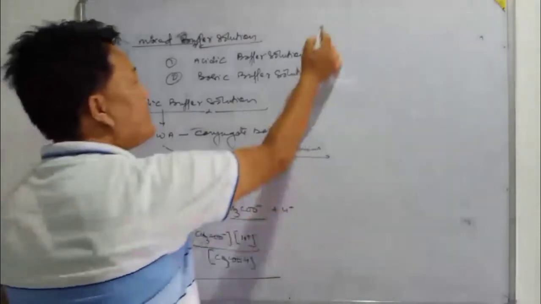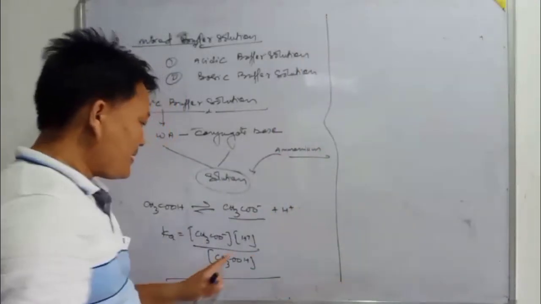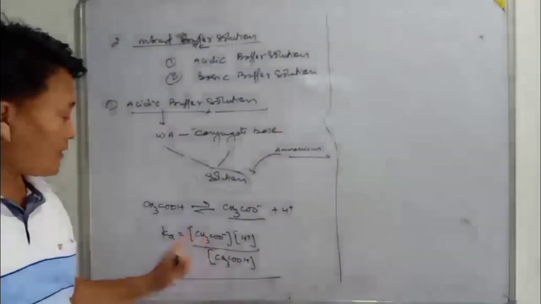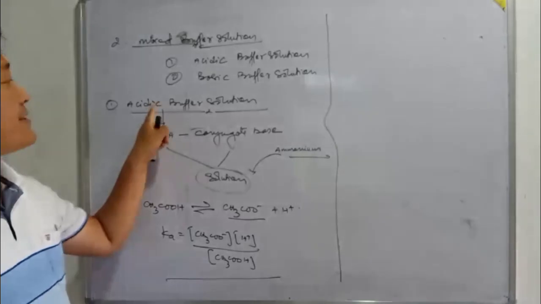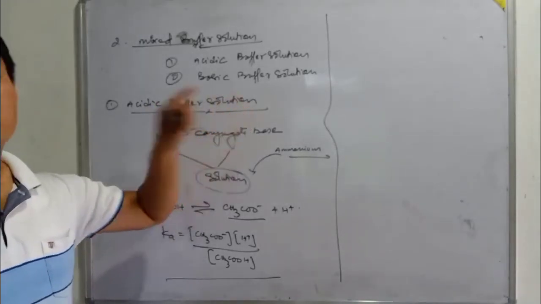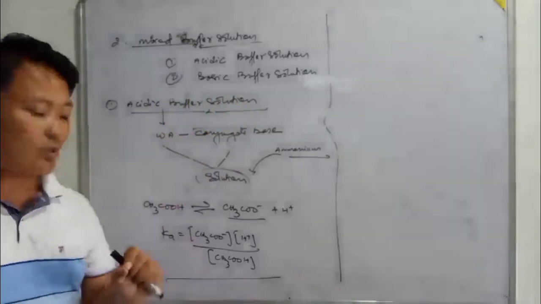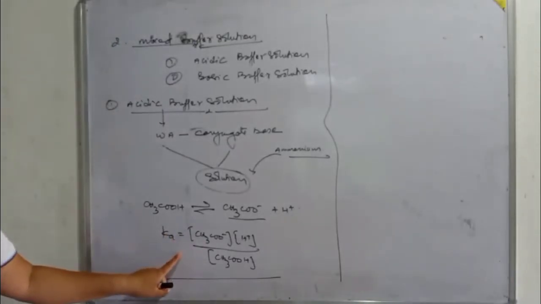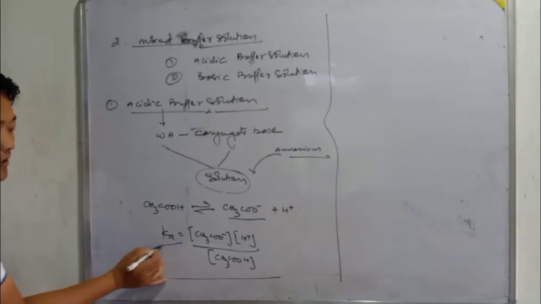So now if we want to find the pH of the acidic buffer solution, what we have to do, these equations we have to carry forward. तो इसको भी हम कैरी फॉरवर्ड करके इसको क्रॉस मल्टीप्लिकेशन कर लो यहाँ पे.